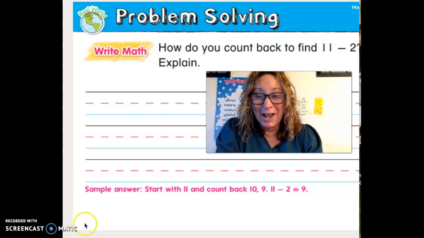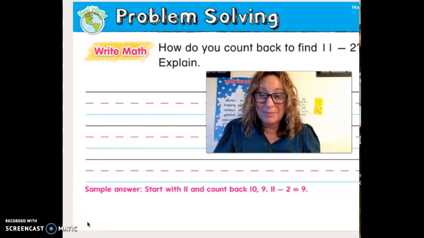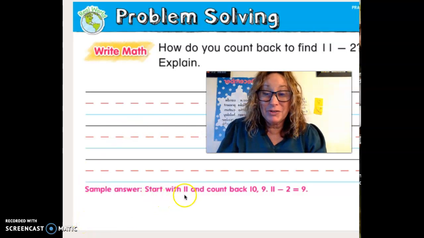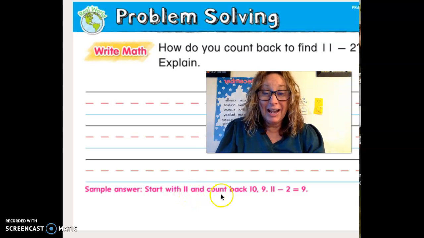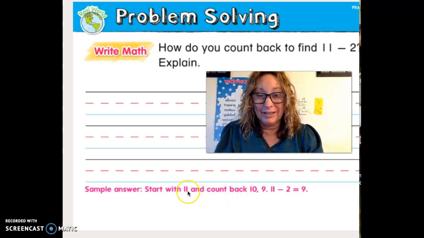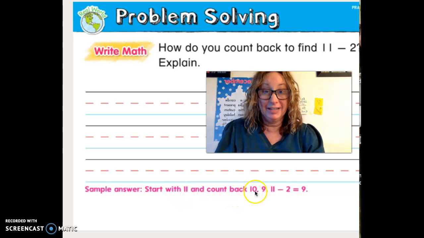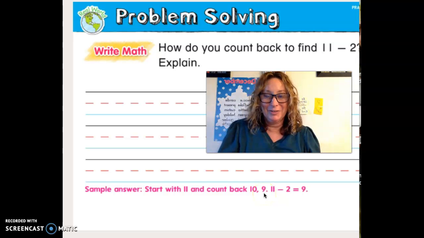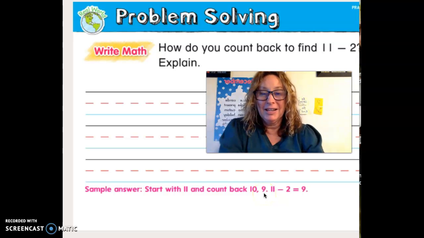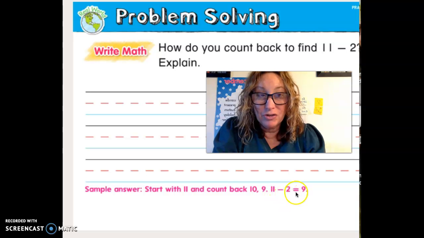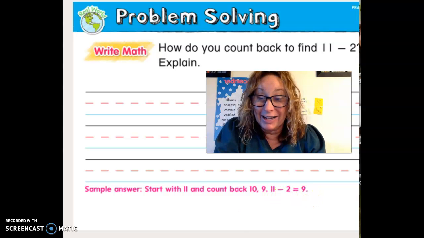All right, good. We heard some good ways on counting back. So here's the answer. If you start with 11 and count back, so 11, you're taking away 2, 11, 10, 9. So if you took away 2, it would be 11 minus 2 equals 9.